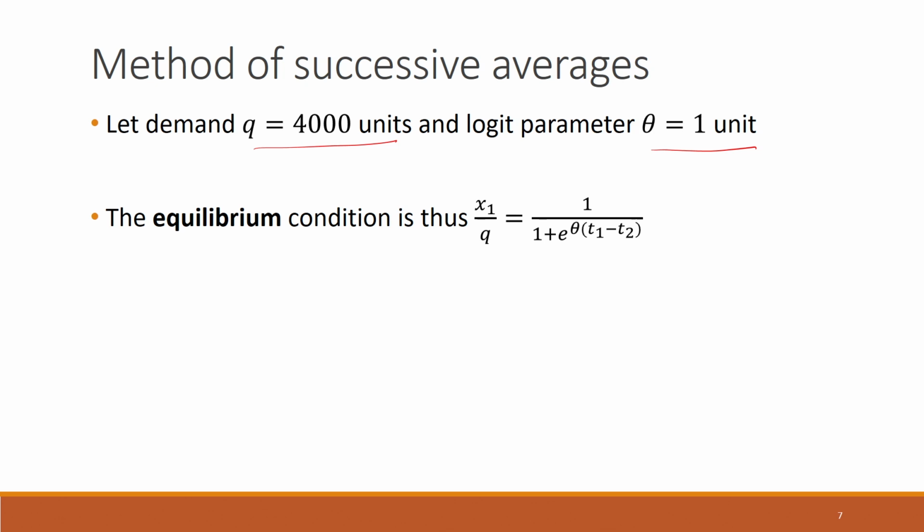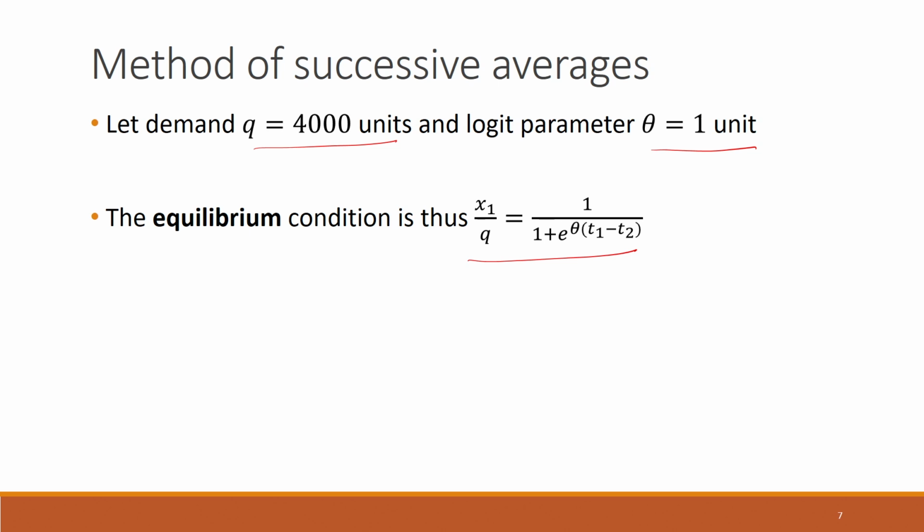Now, since this is a very simple example, we can find the solution through the equilibrium condition that we had seen before. Okay. So, if you recall, this is the equilibrium condition that we had discussed before.